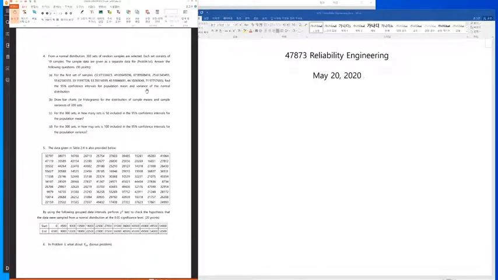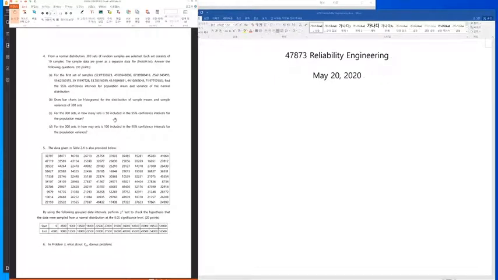I realized that only a few students provided the 95% confidence intervals for variance. Of course, many students tried to provide the 95% confidence interval for the population mean, but they usually did not provide an answer for the population variance.